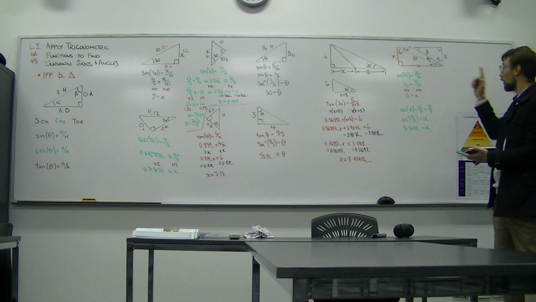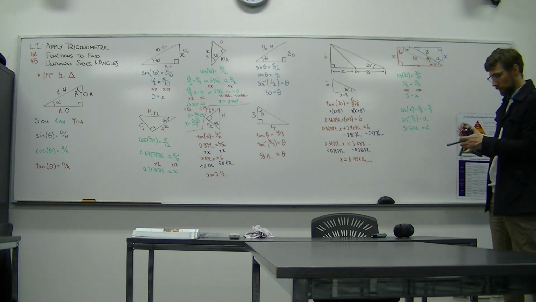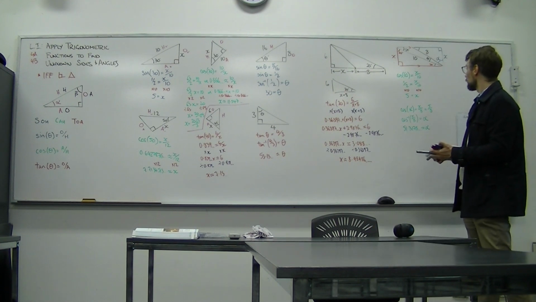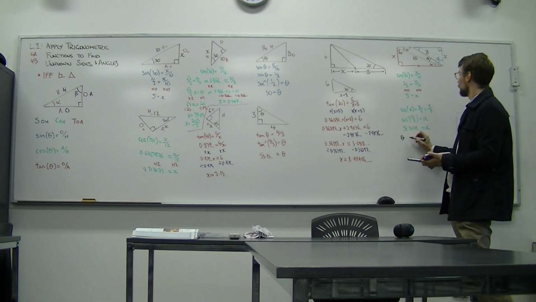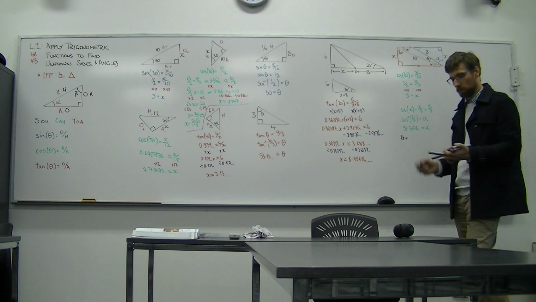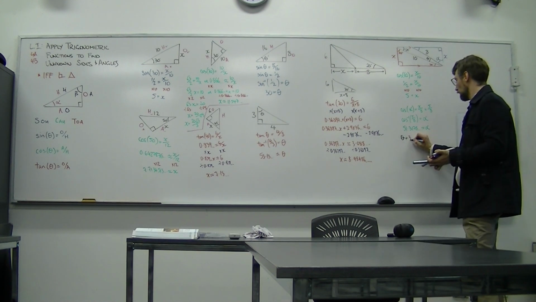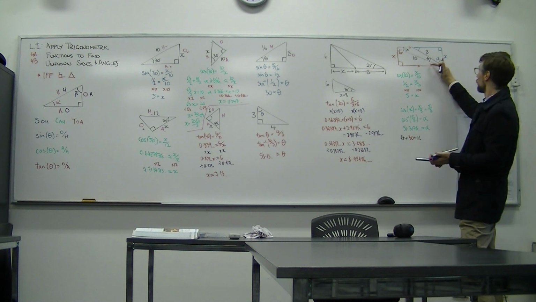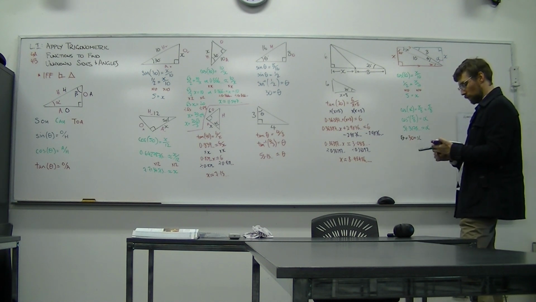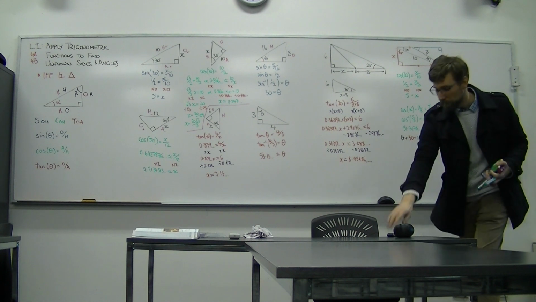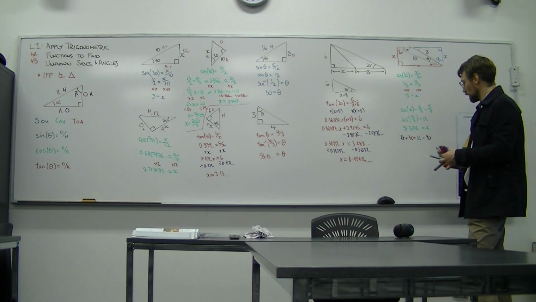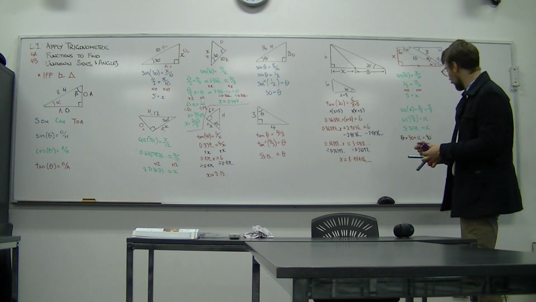Fantastic. Are we done? No. Originally we wanted theta. Where's my black marker? Okay, so theta plus 30 plus alpha, altogether those equal 90. Okie dokie. Well, we still don't know what theta is.